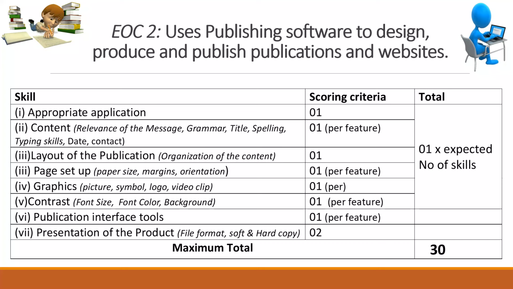Then publication interface tools: how have you played around with some tools to come up with a clear publication? And finally, have you managed to present a product in the right file format: for websites, HTML files; for publications, PUB files; and then soft copies or hard copies?